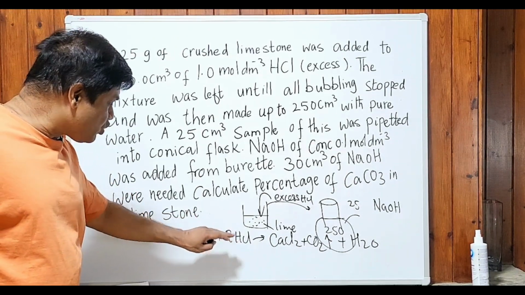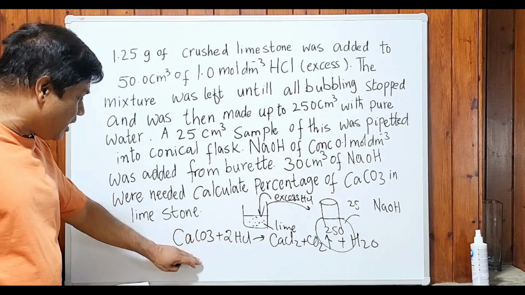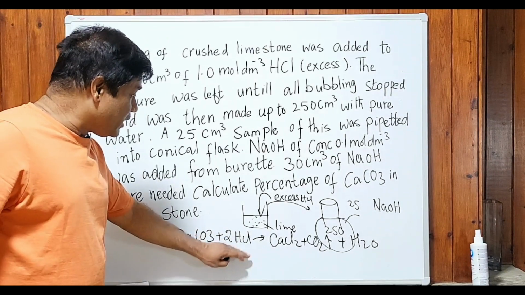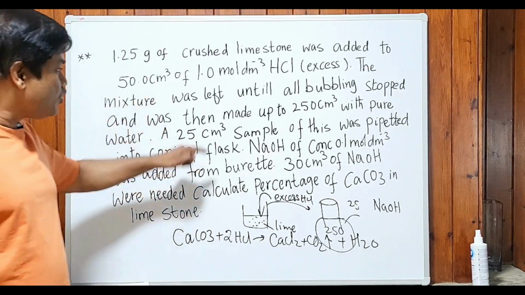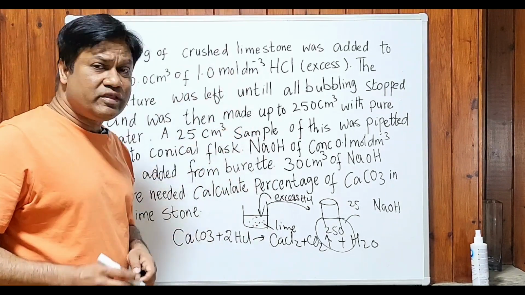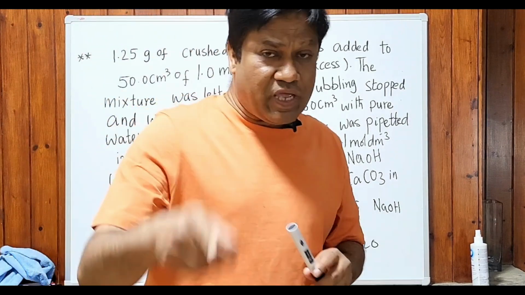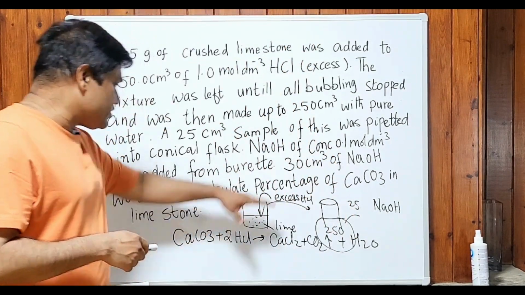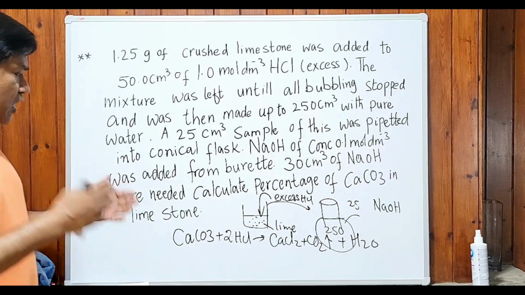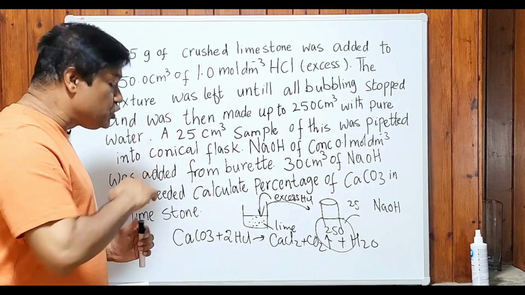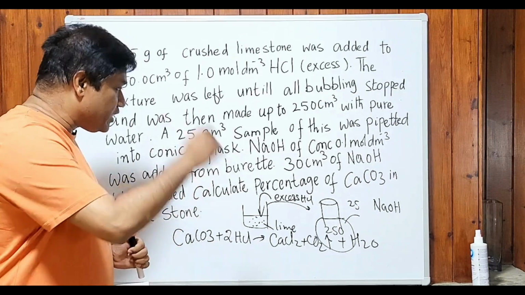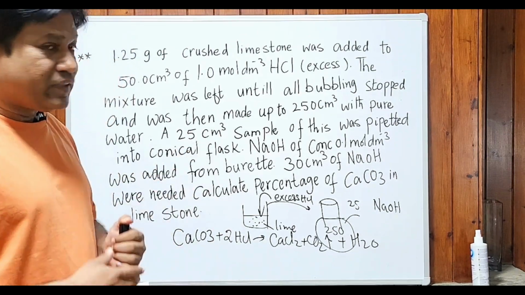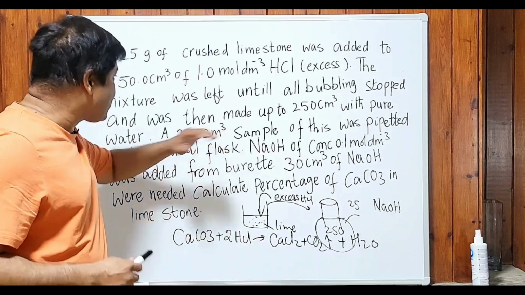Some part of the hydrochloric acid reacts with calcium carbonate and some part is left in the solution. To figure out the amount of HCl left in the solution, we will titrate with sodium hydroxide. That's the question, guys. The amount of HCl which is unused, left out in the solution, we titrate with sodium hydroxide. That is why this is called back titration.